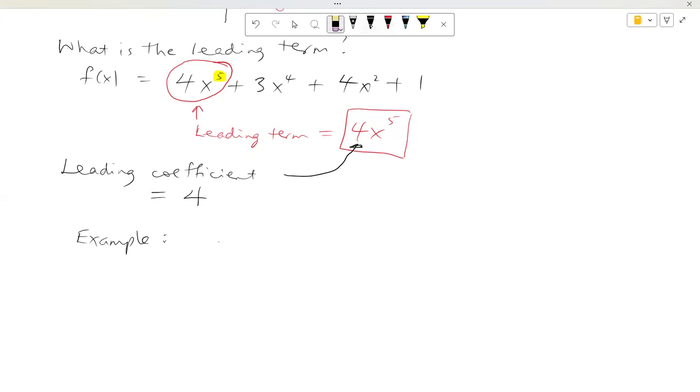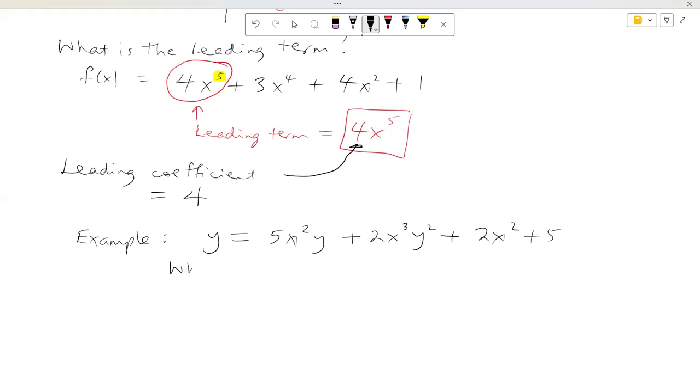Let's call a function y. So y is equal to 5x squared y plus 2x cubed y squared plus 2x squared plus 5. And you're asked to determine the degree.